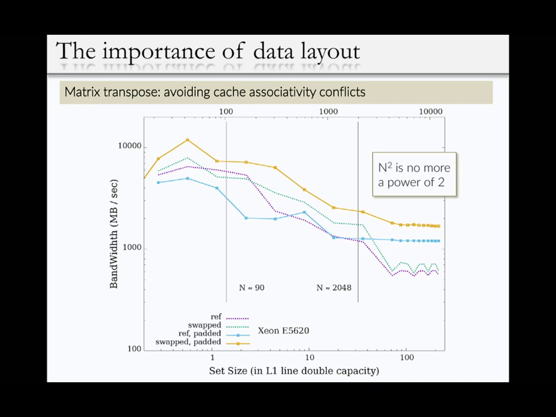And the blue one is the naive one with the padding, and the yellow one is the swapped one plus the padding. You see that, this is log scale, and you still have an average bandwidth which is even larger, and you alleviate the effect of the resonance.